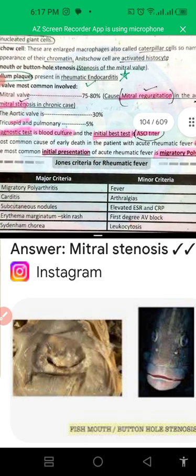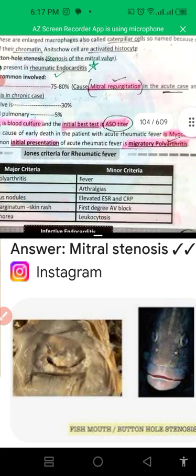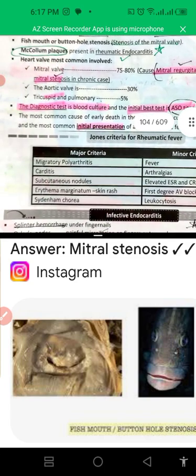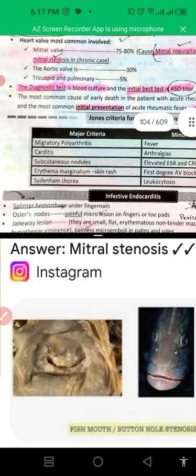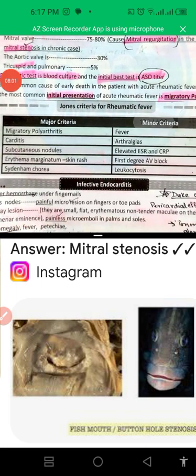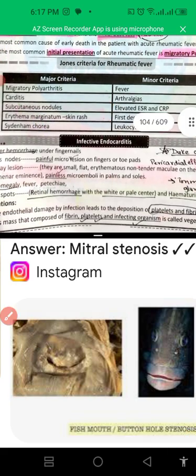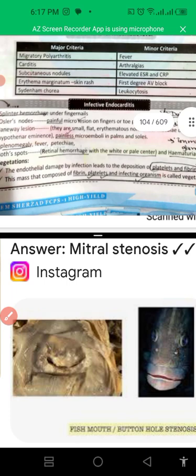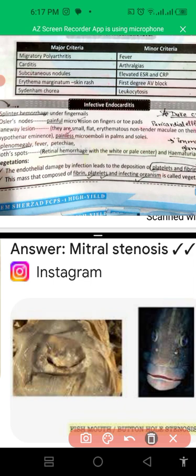The patient will have fever, migratory polyarthritis, joint pain, arthralgia, elevated ESR, CRP, C-reactive protein, heart block, leukocytosis, and mitral valve problems. Also there will be left-sided heart failure, or regurgitation resulting in increased stroke volume, and then the patient will be treated accordingly.